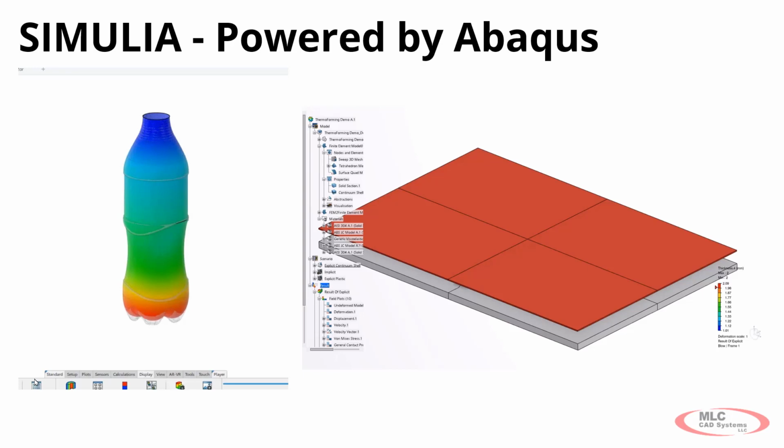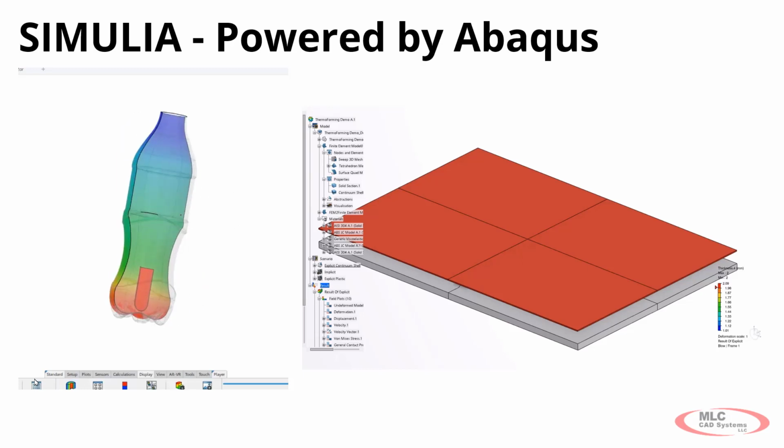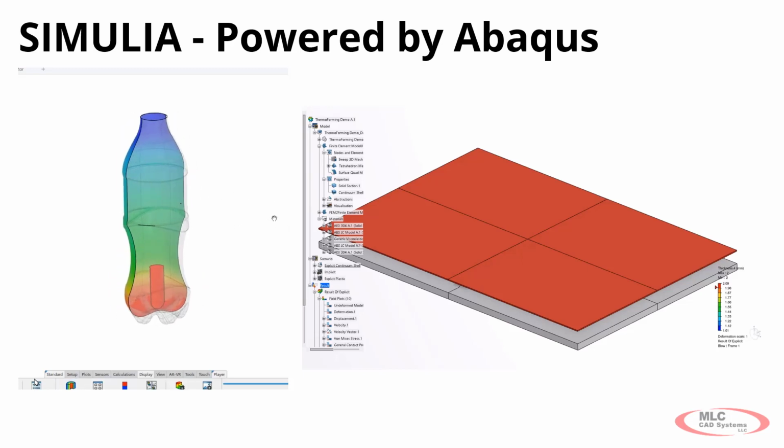Maybe you're trying to optimize the wall thickness to use as little plastic as possible, or just making sure that it is molded correctly. You have high deformation, and you're interested in the deformation after the loads are applied. That's a great application for this.